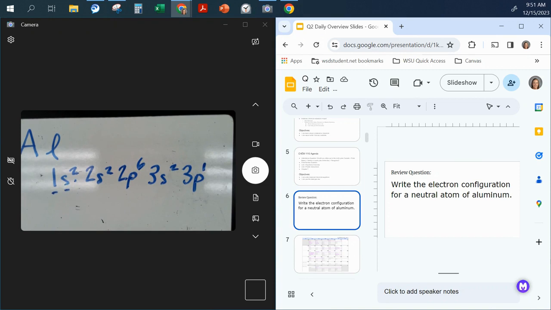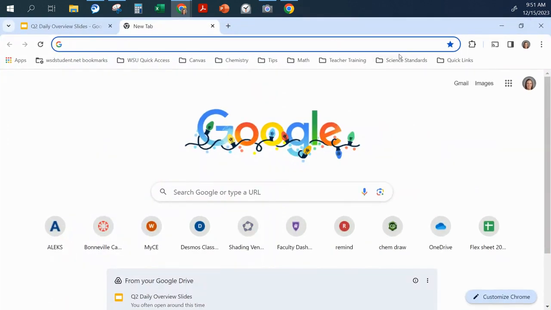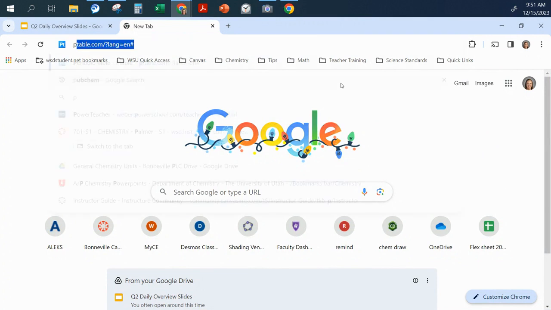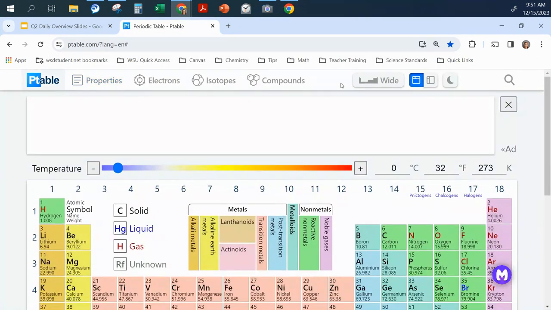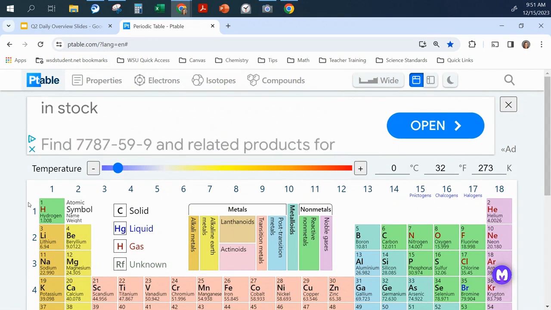If you use the periodic table, the shape of the periodic table can help you with the electron configuration. So if we go to the periodic table, if we look at it, hydrogen has 1 electron.